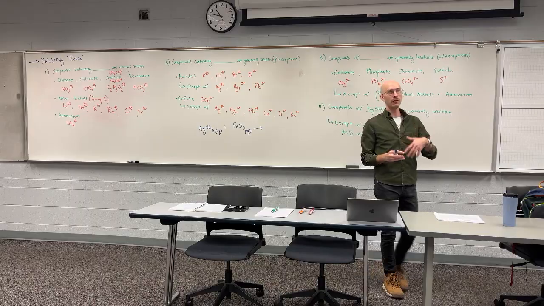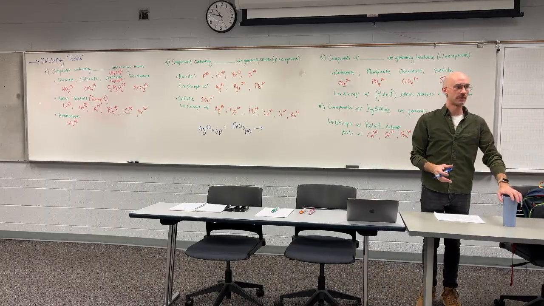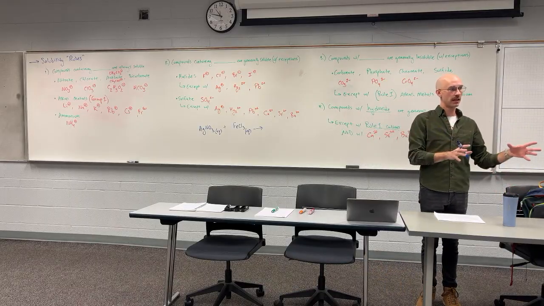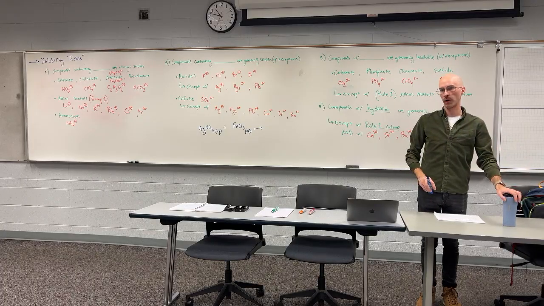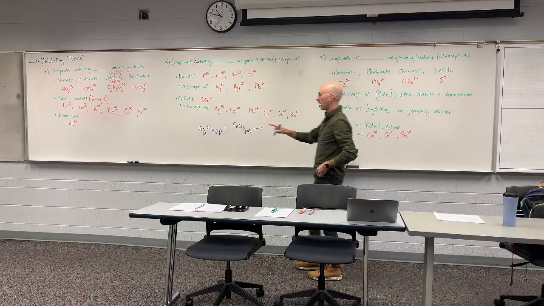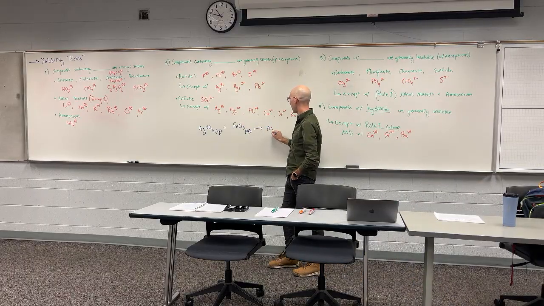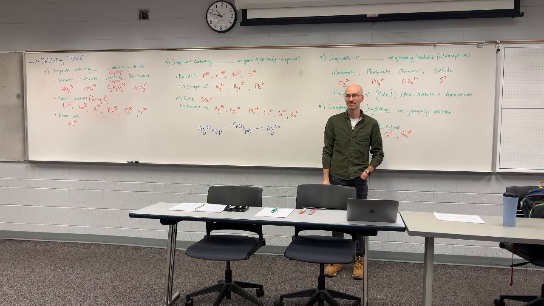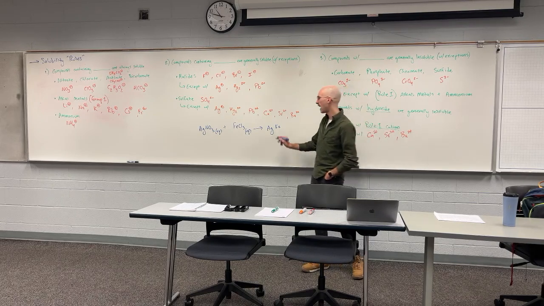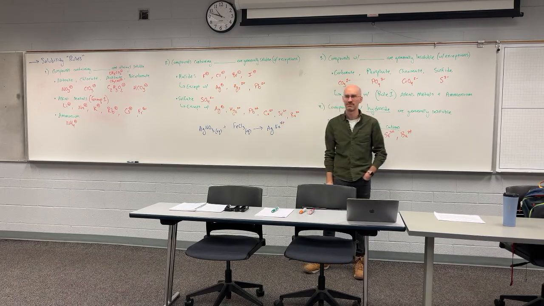Okay, now if I told you that those are your two ions, you've got this ionic compound and this ionic compound, what are the possibilities of what they could form? Well, I have silver, and I have the possibility of silver and iron coming together to create AgFe4+.